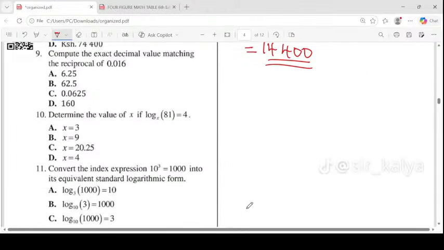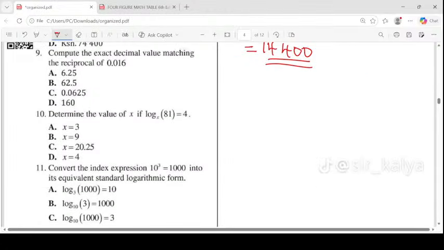A very good question once again. Compute the exact decimal value matching the reciprocal of 0.016. The number 0.016 is just like saying 16 over 1,000.